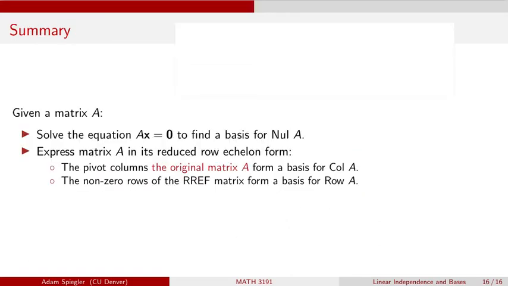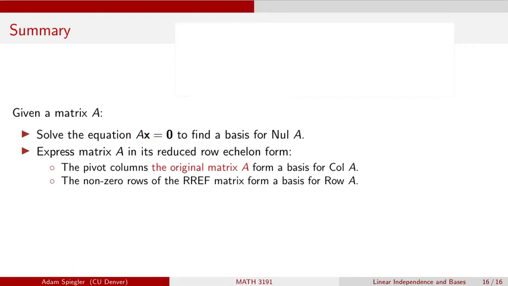Okay, so let's summarize what we've uncovered about finding bases for column spaces, null spaces, and row spaces for a given m by n matrix A. For the null space, we just solve the homogeneous matrix equation AX equals 0, and we describe the solution set of that equation, and that solution set is going to form a basis for the null space.